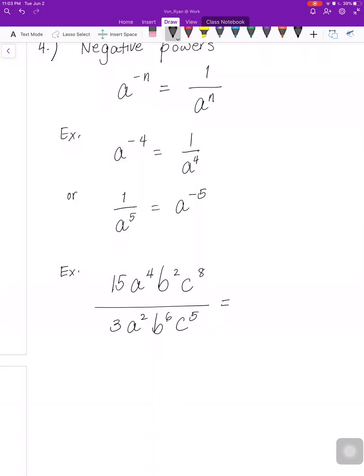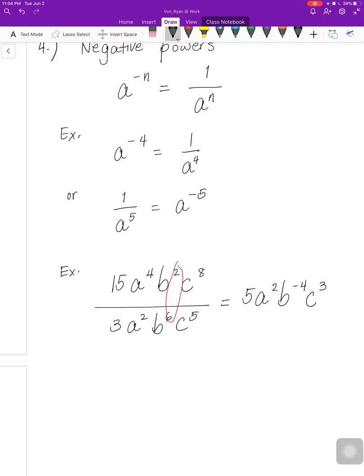So we'd use the quotient of powers here, right? 15 divided by 3 is 5. a raised to 4 minus 2 is 2. b raised to 2 minus 6, so that's negative 4. b raised to negative 4, c raised to 8 minus 5 is 3.